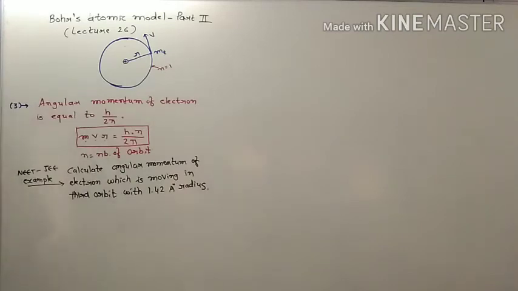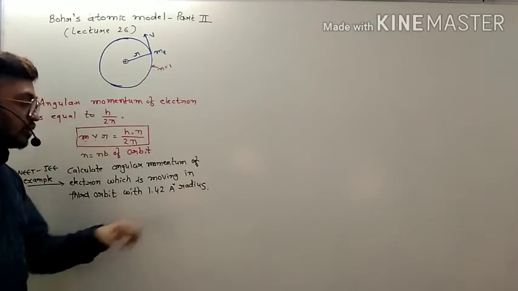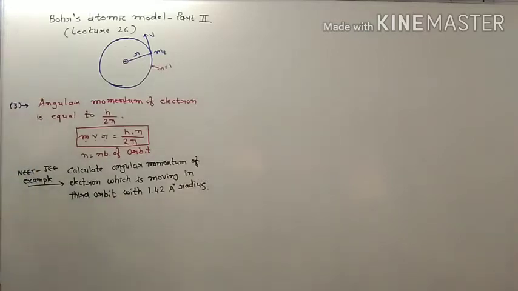So the question is here, a NEET JEE example. Calculate the angular momentum of the electron which is moving in the third orbit with 1.42 angstrom radius. How can we find it? Just see.